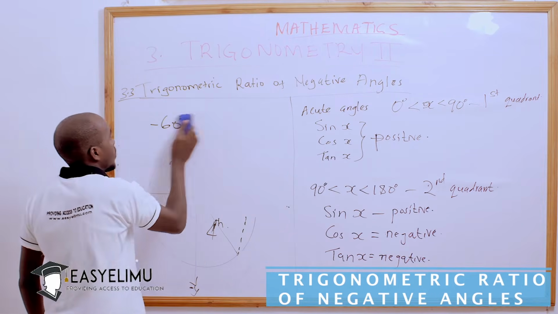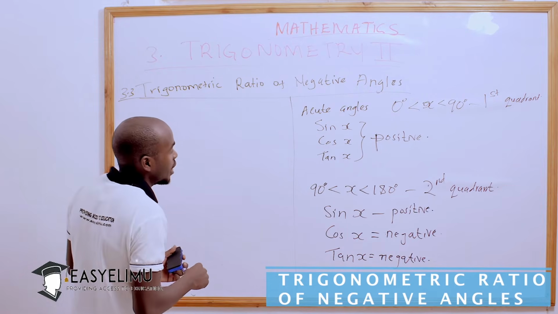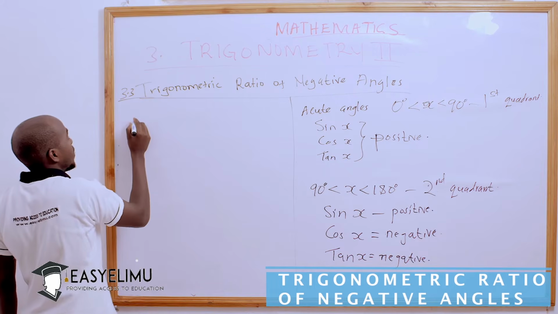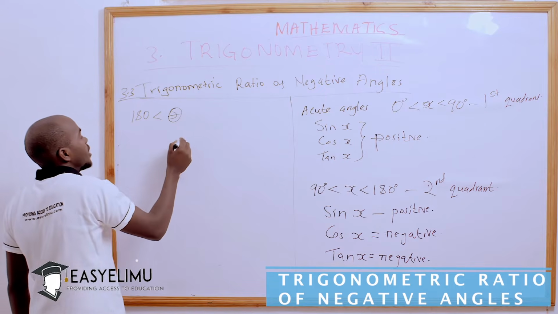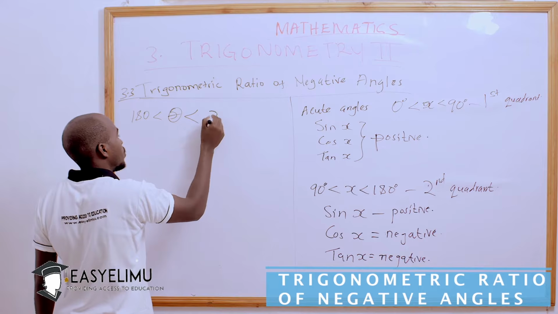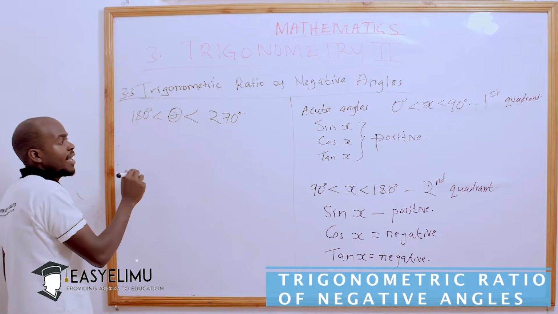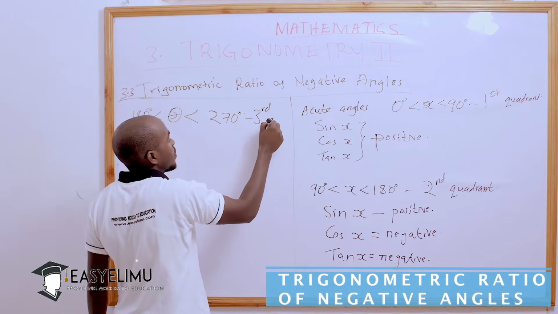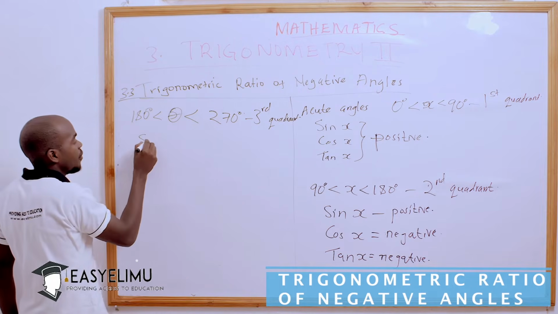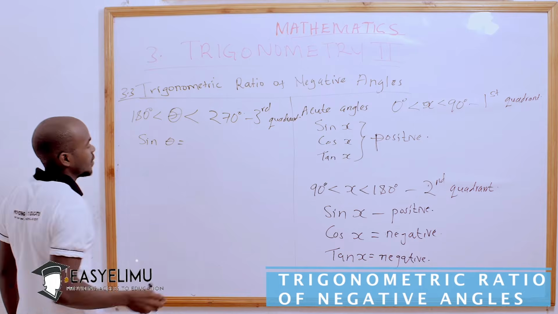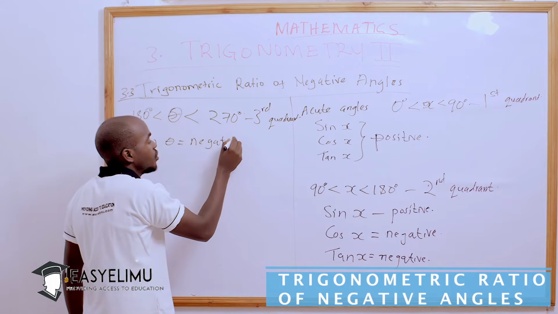And if this one is negative, that automatically gives us that the tangent of the angle will also be negative. Then, in case you have an angle which lies in the third quadrant, that is within the range of 180 degrees, let's say it's an angle theta, to 270 degrees, you will find that this angle lies in the third quadrant. And if you find the sine of that angle, it will give you a negative, because the y has changed to negative.